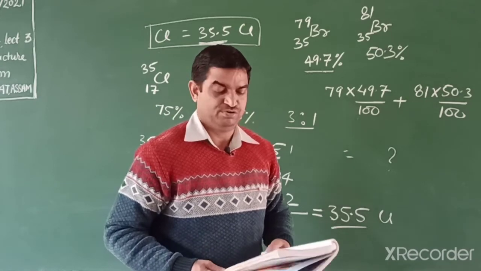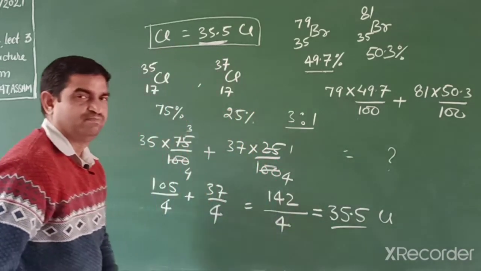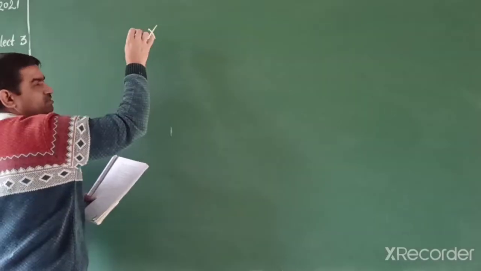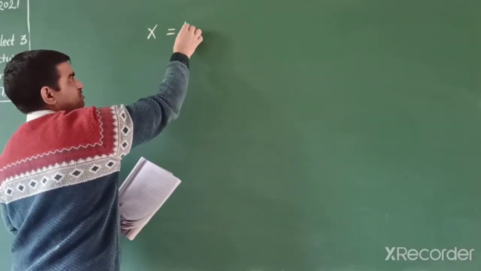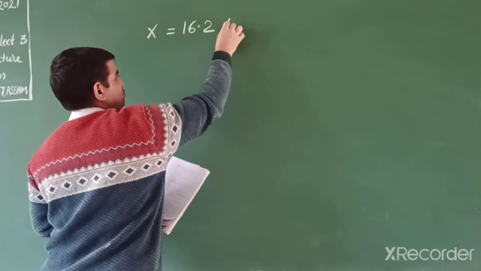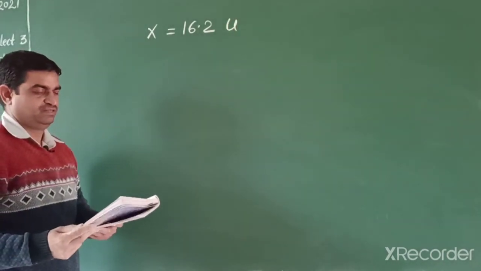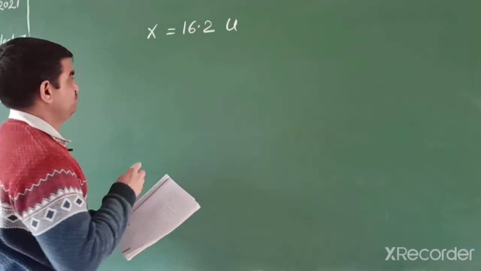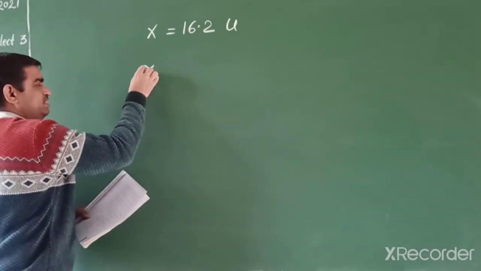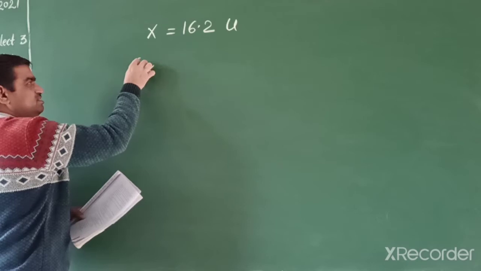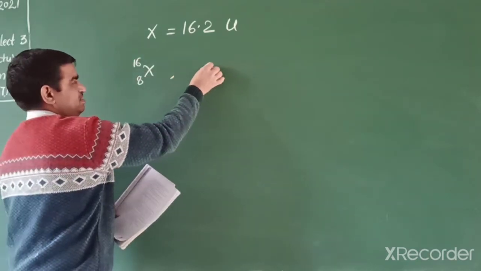So now we solve this. For X, the atomic mass is given as 16.2 unified mass, and we have to find the percent of the two isotopes. The element X is found as 8X16 and the other as 8X18.